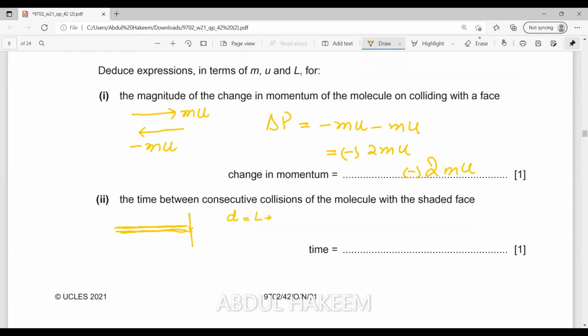So the total distance covered will be 2L. Now the velocity is the same magnitude in the opposite direction. The distance is equal to speed multiplied by time, hence time is equal to distance divided by speed. So the answer is 2L over u.